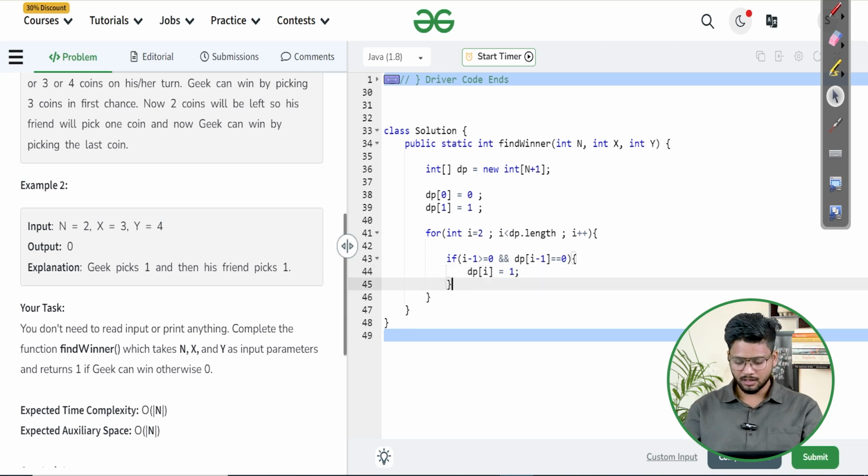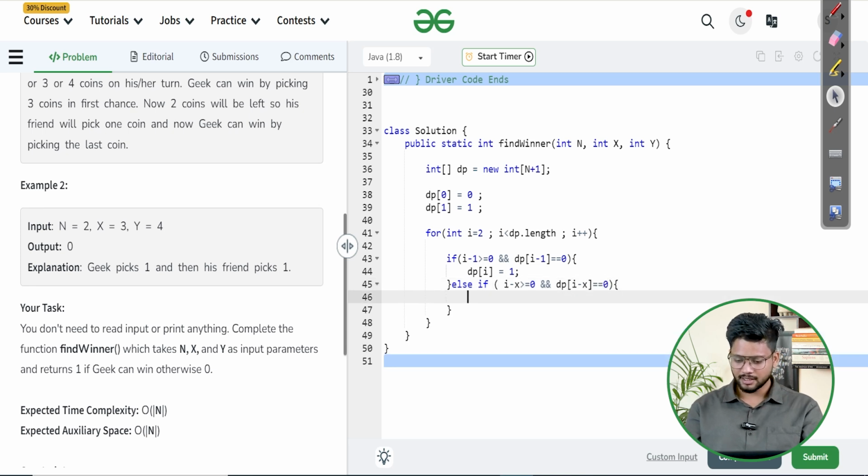Now else if, we have to check for x as well. So i minus x is greater than or equal to 0, and we have to check dp of i minus x equals 0. If it is possible to take x coins and dp of i minus x is 0, that means at this part also, if the Geek has taken this amount of coins, then he is going to win.